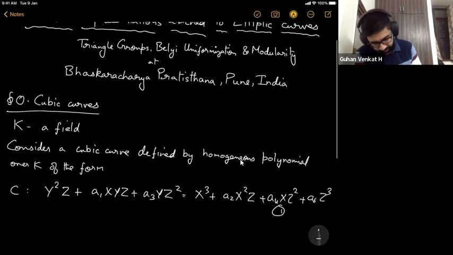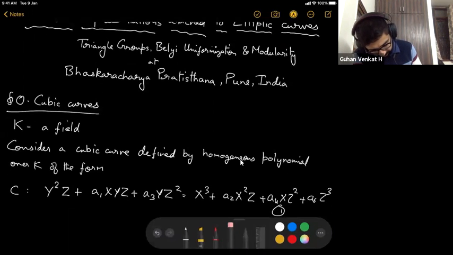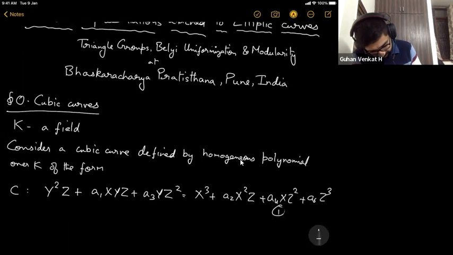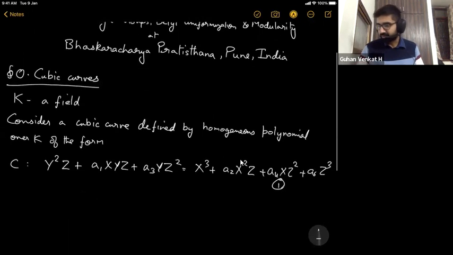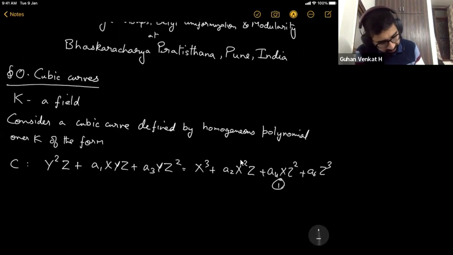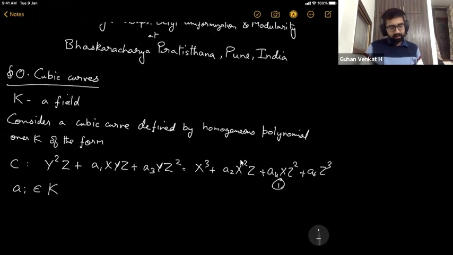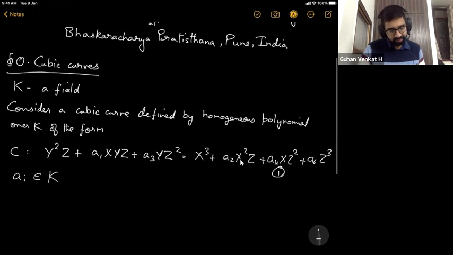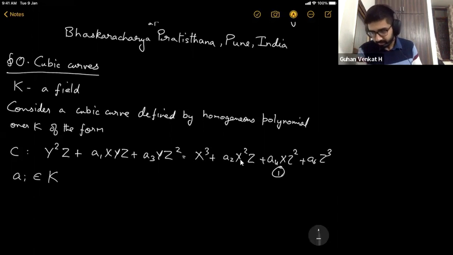I'll keep coming back to this time and again, at least for the first 5-10 minutes of this talk. When I say this is a polynomial over K, I mean that the coefficients a_i are all from the field K. This is a homogeneous polynomial, so it cuts out a variety in projective space.